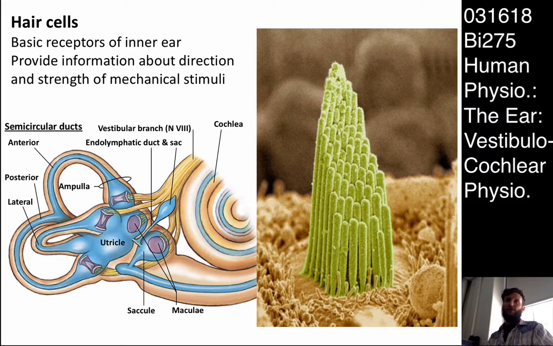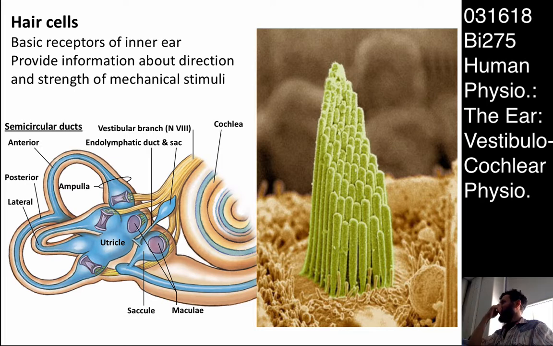We saw the stereocilia in the cochlea. There's a slightly different arrangement here in the vestibular system. They give us information about what spatial direction we are moving, and information about the intensity or strength of this mechanical stimulation.